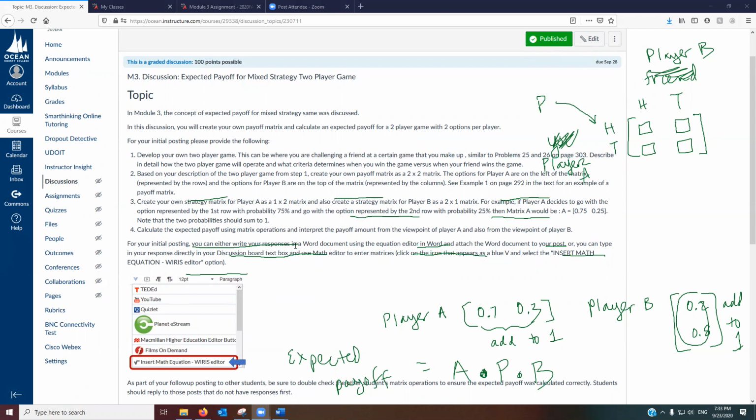If you could see it, let me mark it so you can see it here. This is the icon you'll see. You'll come down there. It'll say insert math equation, and you'll see that it allows you to select a matrix setup, and so you can enter matrices in your discussion board.